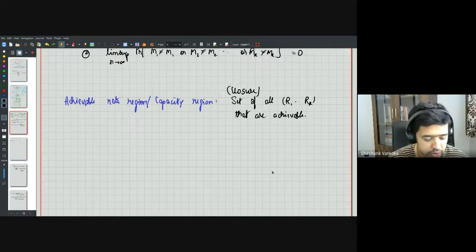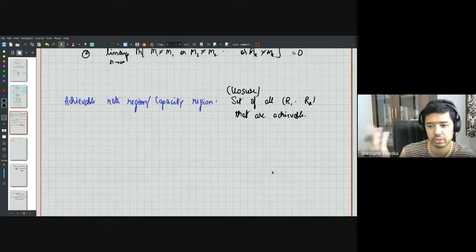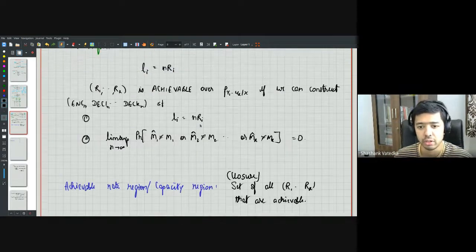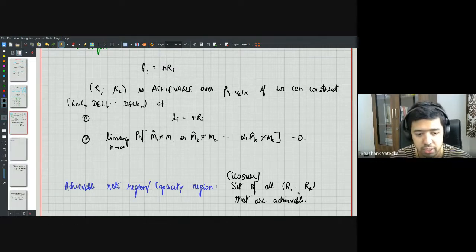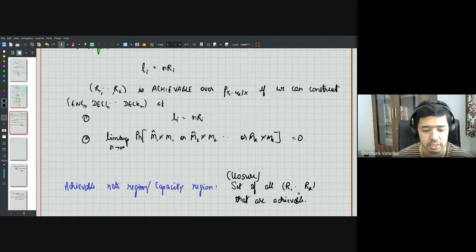As we did for multiple access channels, we're only interested in the first order rate pair. So we want to know the best set of R1 through Rk which are achievable, and we'll try to at least answer that for some broadcast channels. So we'll have an inner bound on the achievable rate region by giving an achievability proof, showing that there exist encoders and decoders for which the probability of error can be driven down to 0.